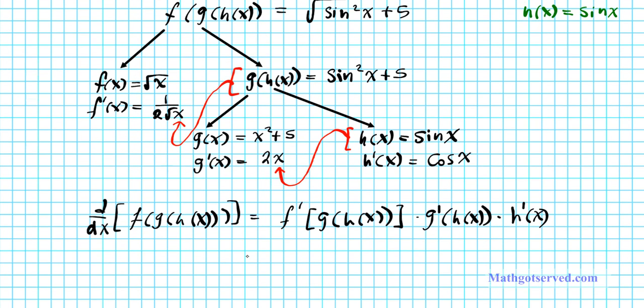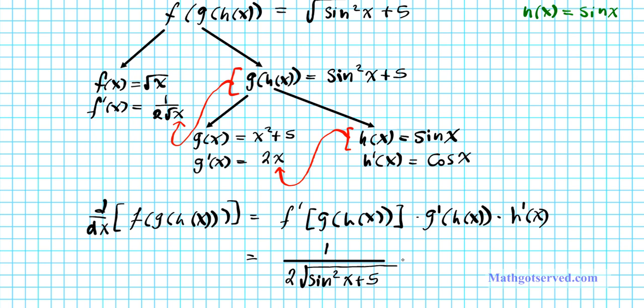So the derivative of the outermost function evaluated at the composition of the middle and innermost function: instead of 1 over 2 root x, we'll have 1 over 2. Now we're going to plug g of h of x back into f prime of x, because we took it out earlier. So it's going to be 1 over the square root of sine square x plus 5.